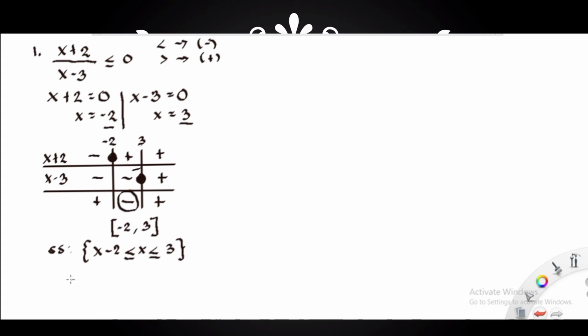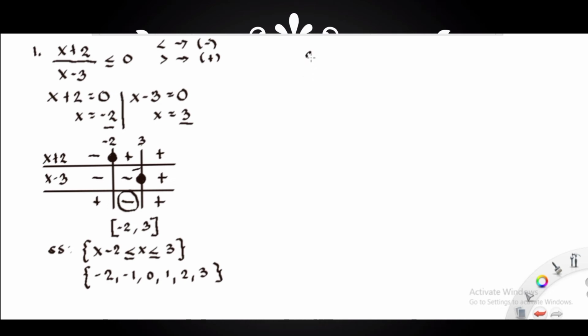Ngayon, kung gusto nating isulat yung mga numbers na yon, yun ay from negative 2 to 3. So, negative 2. Next to negative 2 is negative 1, 0, 1, 2, and 3. So, itong mga integers na ito, ang solution dito sa ating given na rational inequality.